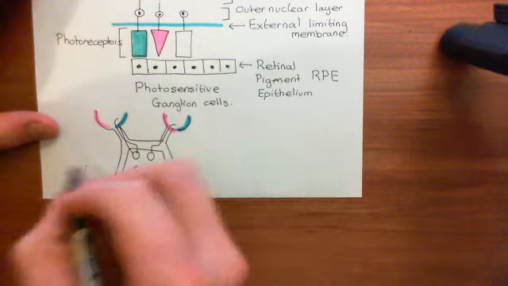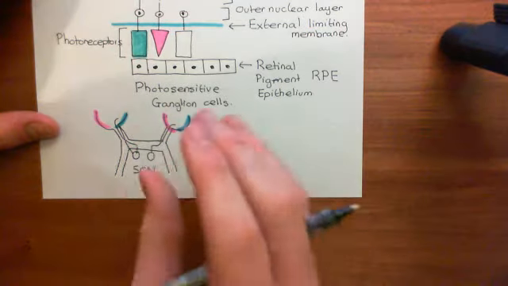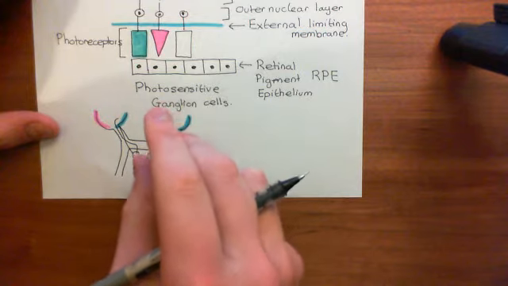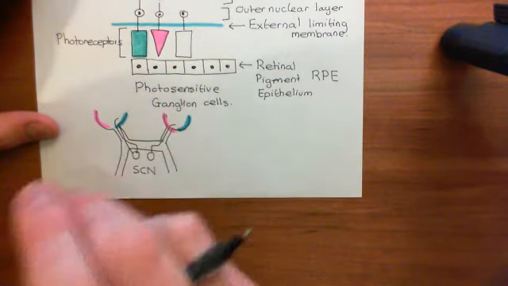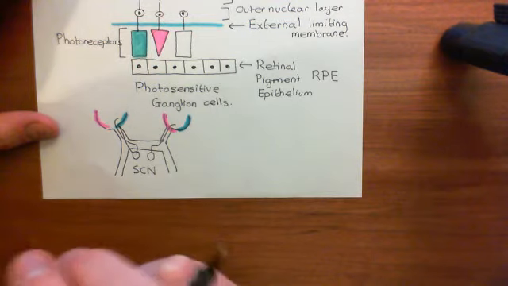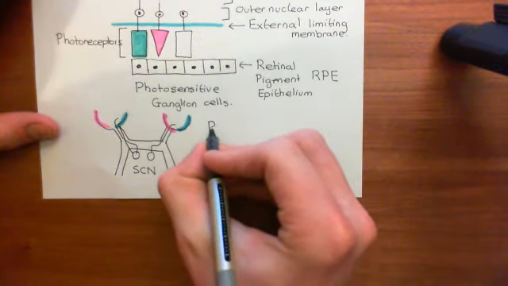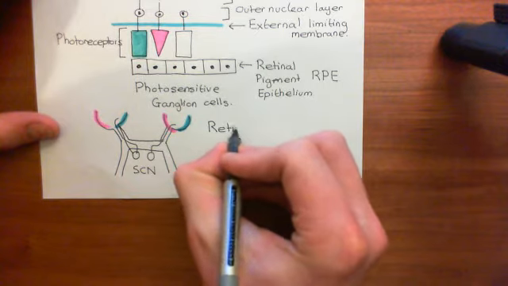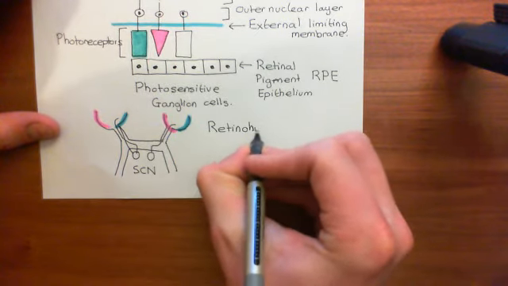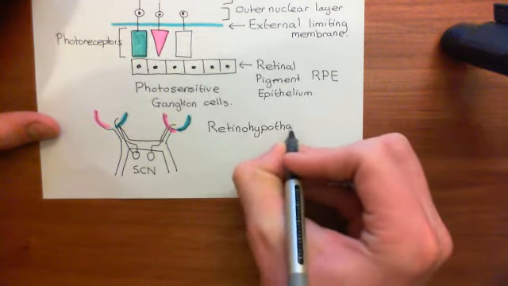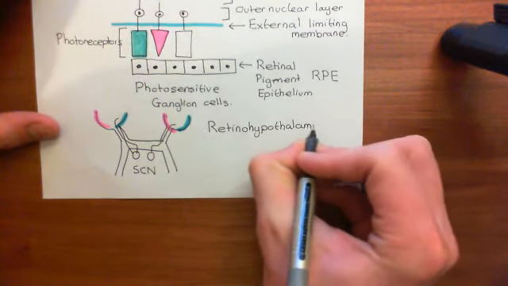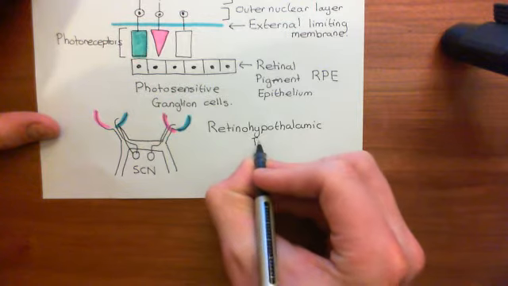Now, the collective movement of all of these axons from the optic nerves and the optic chiasm into the suprachiasmatic nuclei is termed the retino-hypothalamic tract. However, do not expect to be able to go into an anatomy class and find the retino-hypothalamic tract.